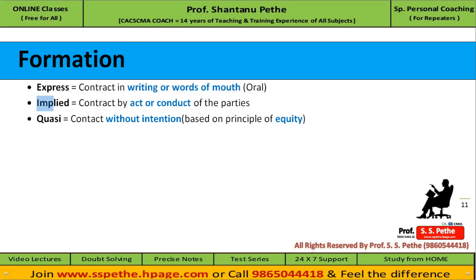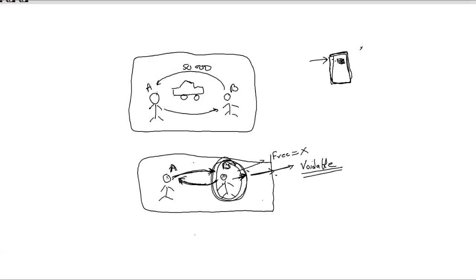Next is implied contract. Now you can see the word implied means it is implied by act or conduct of the parties. Here there is nothing in writing or by word of mouth. It is just by the act or conduct of the parties we assume that there is a contract between them. For example, there is one person who goes to the coffee shop and he drinks a coffee there.